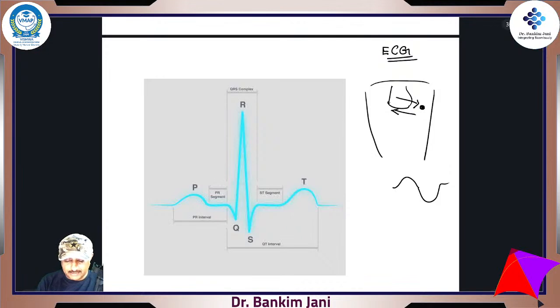The entire ECG has got PQRST. Now, this P is the first contraction, when the current is coming towards the electrode. That's why it is jumping positive. When it is positive, what is happening?